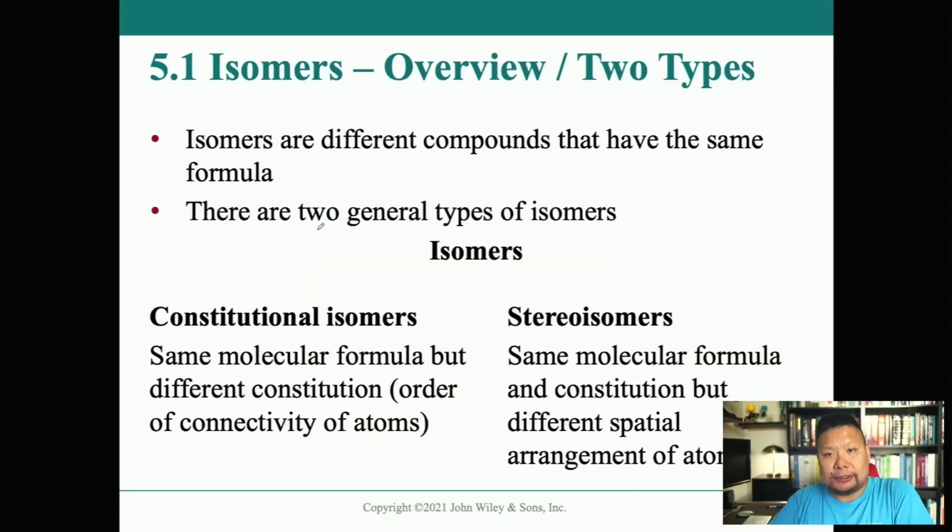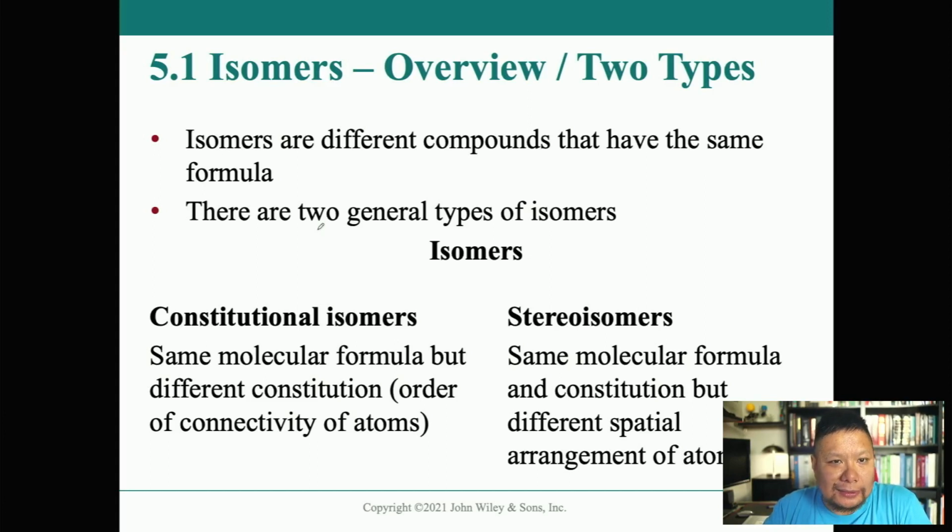Okay, so we're moving into the next chapter now, which is stereoisomerism. Just a quick review. Isomers are different compounds that have the same molecular formula. There are two general types of isomers. There are constitutional isomers, which we flogged like a dead horse in the previous lectures and tests and exams and quizzes.